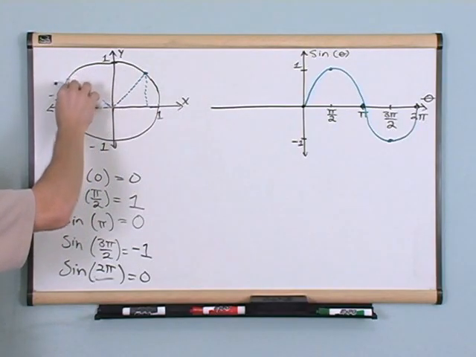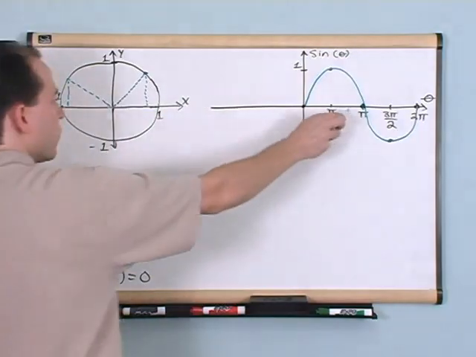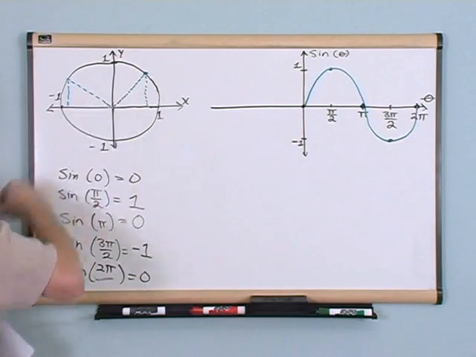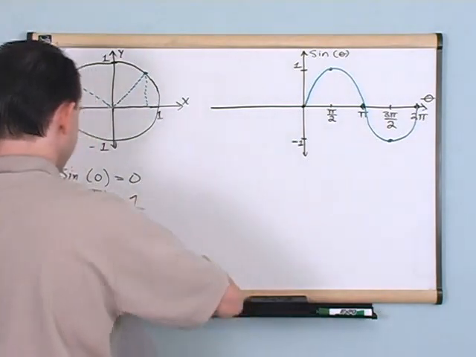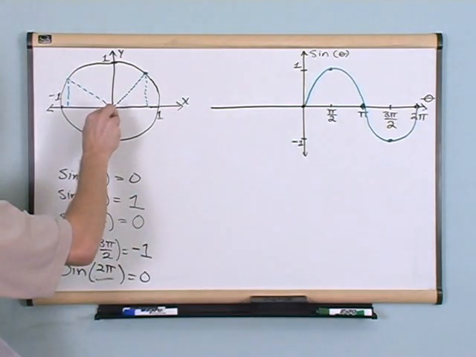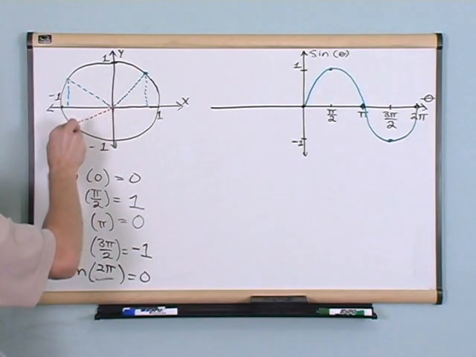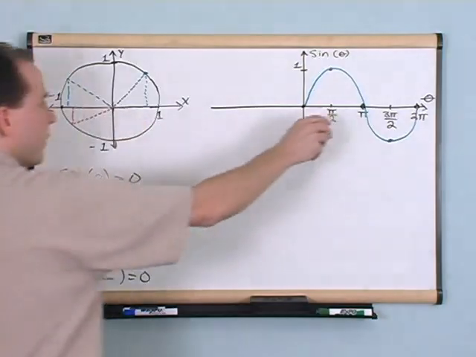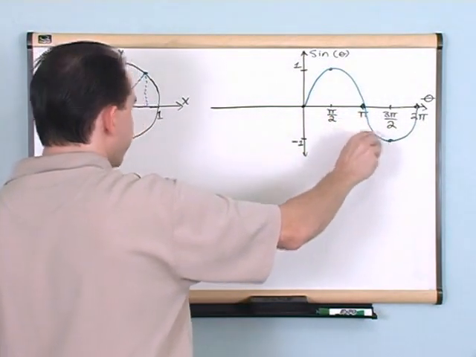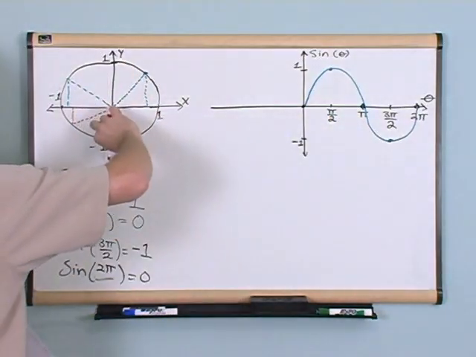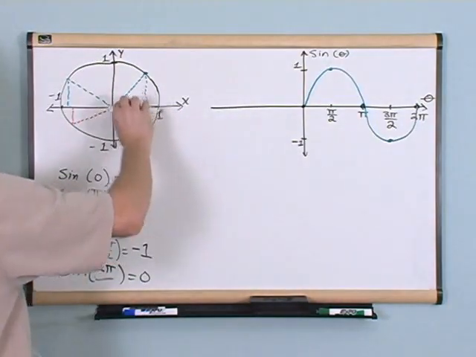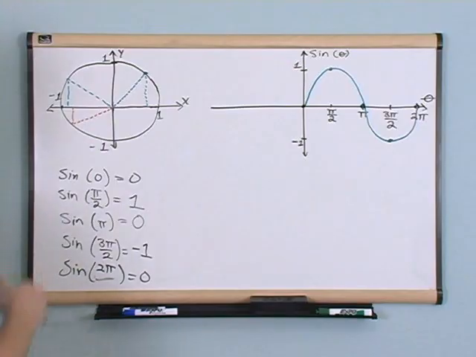Eventually it gets to 0 right here, and then as we go below, we're getting into negative y, so I'll use a different color for that. For instance, maybe over here, negative y. Well, again, I have a y component that's negative, so I start to dip below the axis here. Eventually I get to a maximum on the negative side of -1, and then as I complete my circle, I go back up and so that it's 0.